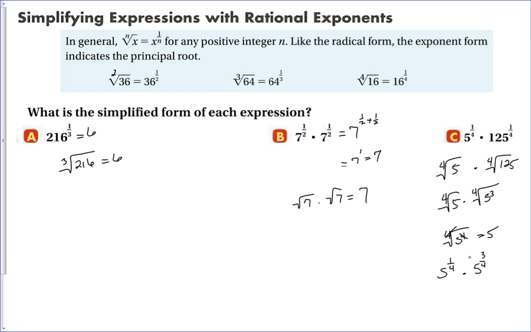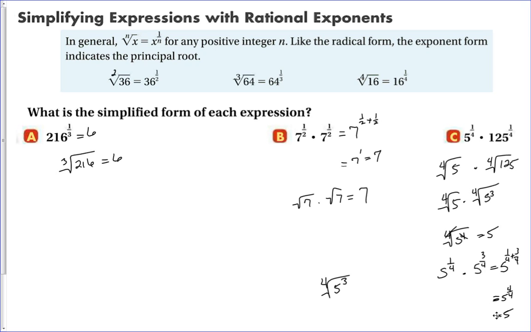So this here is equivalent to writing the 4th root of 5 cubed. And now, of course, you can apply your rules of exponents. So this equals 5 raised to the 4 over 4. It's an equal sign, not a negative sign. Well, 4 over 4 is 1, and it's simply 5 to the 1st, which is 5.